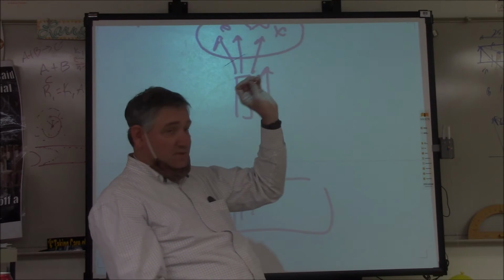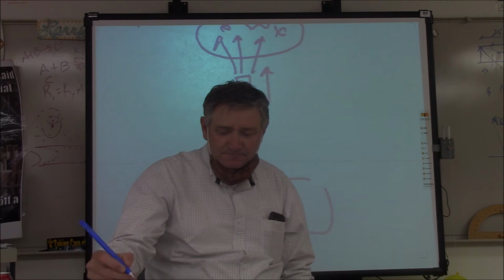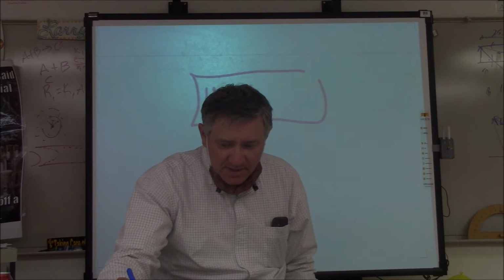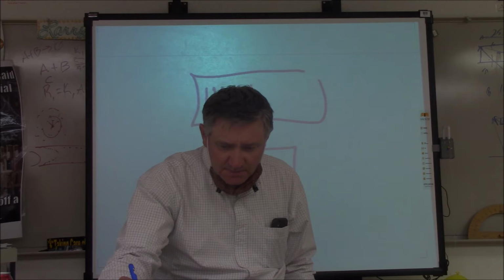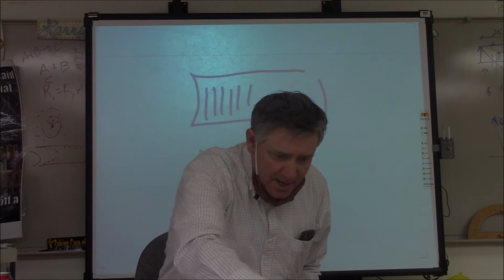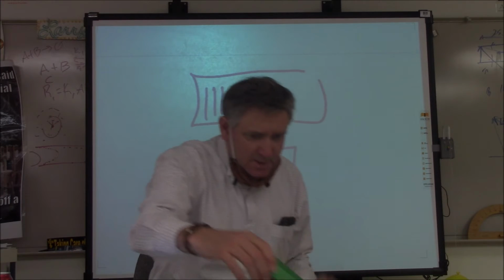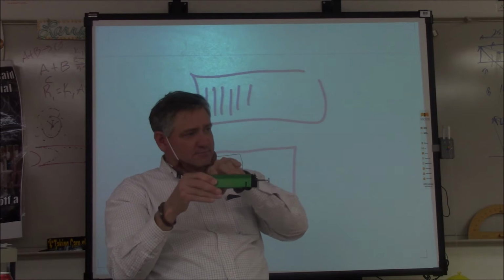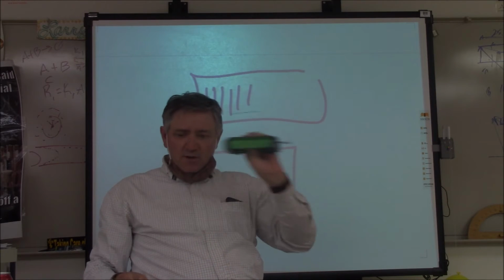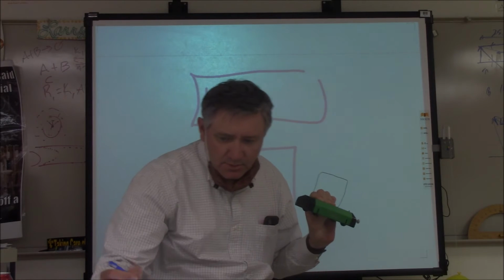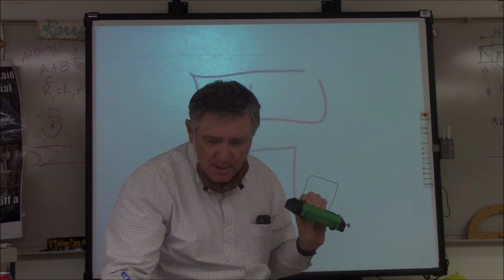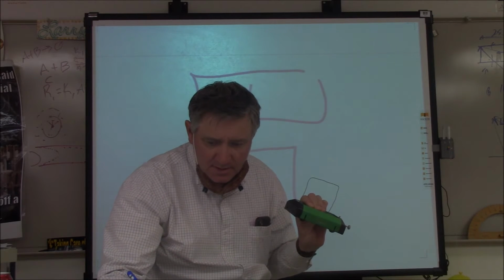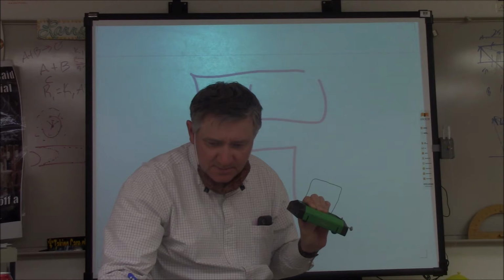Instead of an infinite number, we're just going to start with one simple loop, and we're going to attach it to a cart, and we're going to send this cart into a magnetic field like this, okay?